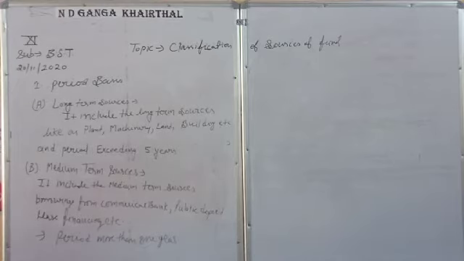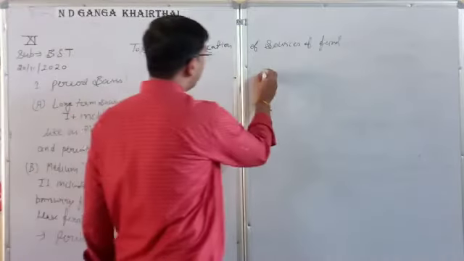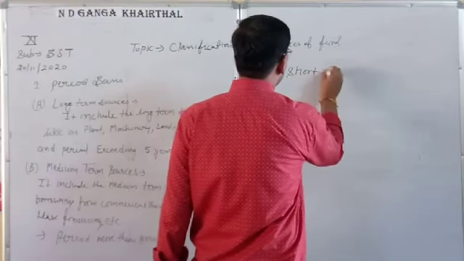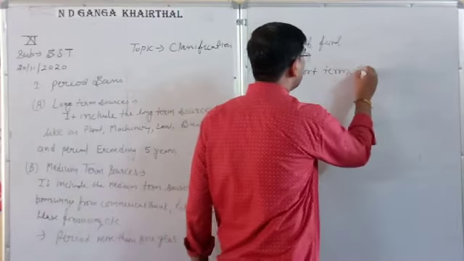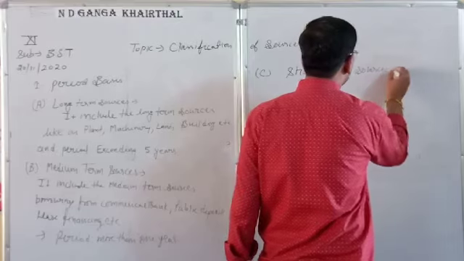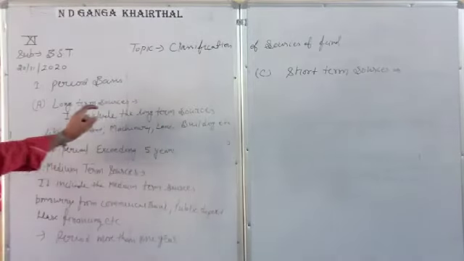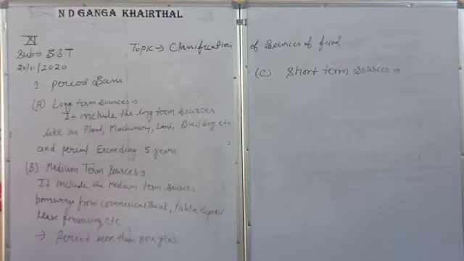Next, point third, short term sources. So in this series, C point, short term sources. Okay, so it includes sources up to 1 year.